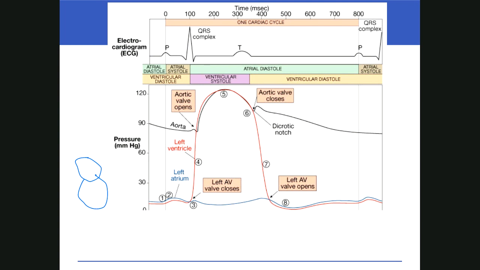Starting right there. So look, now the pressure's higher in here. So it's going to squeeze in. And this valve was hanging down like this. But as soon as the blood tries to go backwards, this valve's going to close. So right there, where those two pressures switch, the left AV valve closes. Does that make sense?